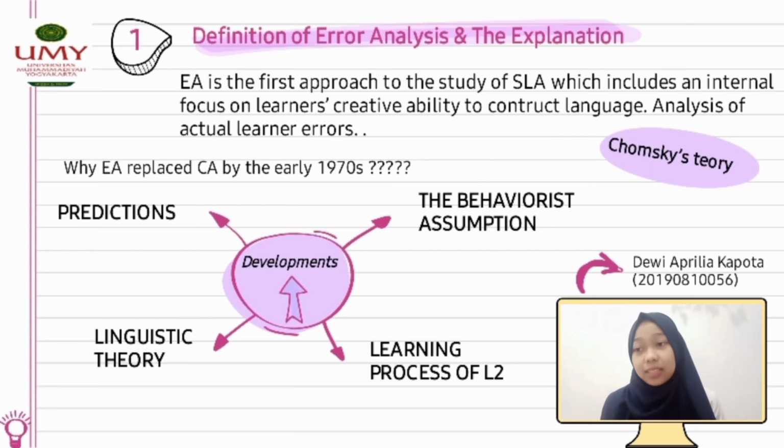The second is about linguistic theory. Because of the linguistic theory change, the surface level forms and patterns studied by structural linguists shifted to concern for underlying rules.